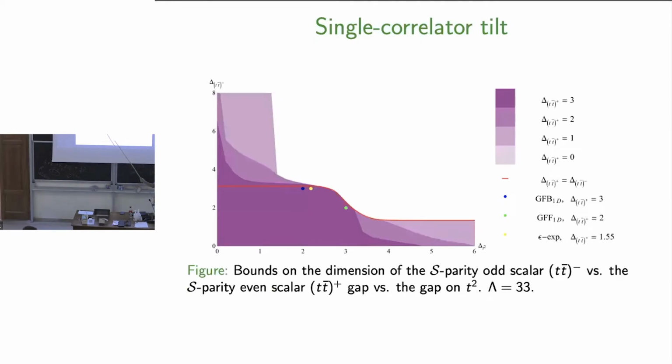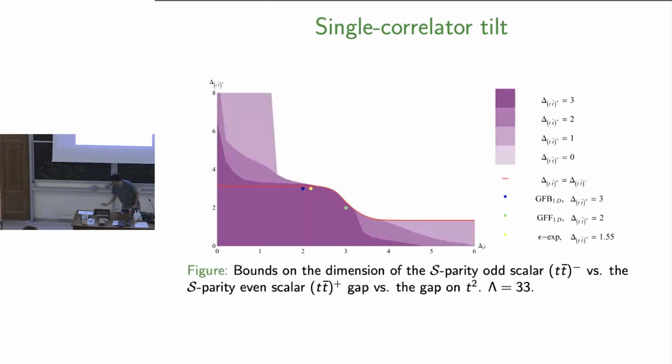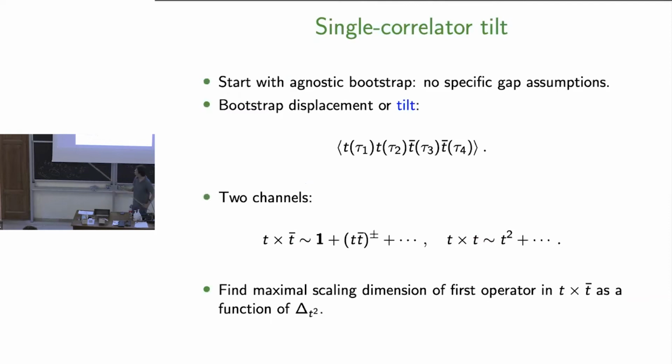So this is basically an upper bound on the T T bar operator with odd parity, one of the operators that appeared here, versus the gap, the conformal dimension of the lowest lying operator that appears in the T square channel. And this is the bound that we get. The color grading comes because we have this parity odd and parity even. So there is another operator here with its own independent channel, and we can also play with that one.